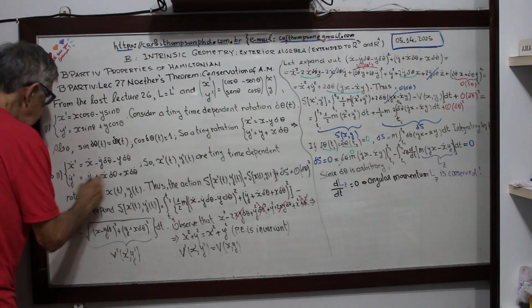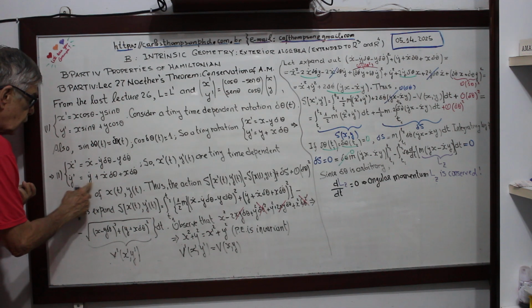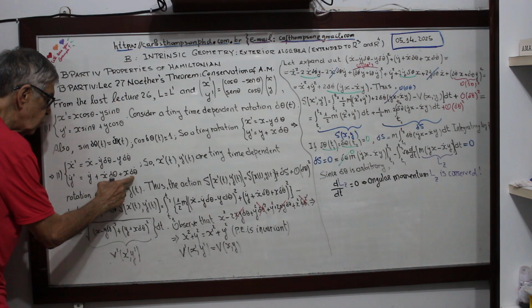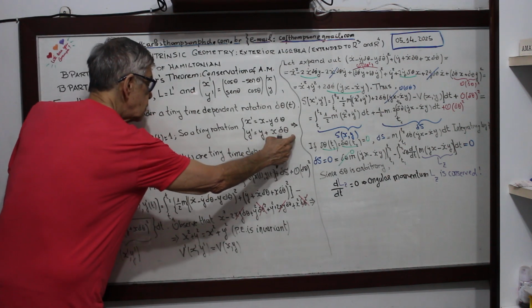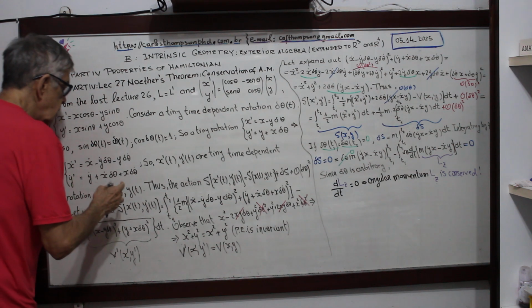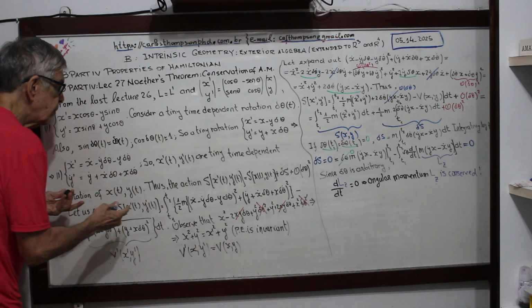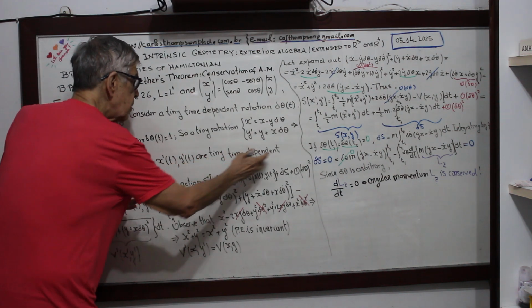Likewise for y dot prime, y dot again, you have the product rule applied to here. So you can write, in this case, x prime, y prime are tiny and time dependent.